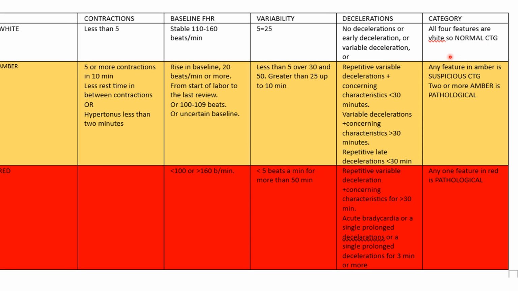If all 4 features are normal, if all of them are white, then this is a normal CTG. If there is any feature in amber, then this is a suspicious CTG. 2 or more amber is pathological, and any one feature in red is pathological.